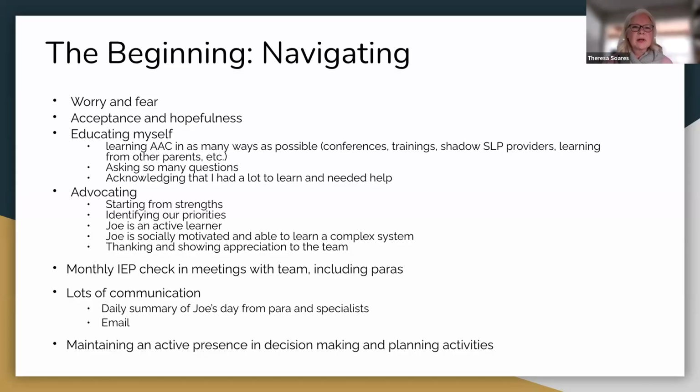So again, like I said, starting from strengths, we had to figure out what our priorities were. And that took a little while to figure out because everything felt important. His motor skills and the management of his muscles that were too tight was a big focus in the early years. And then when we got into school age things and we're writing IEPs, the IEPs were just getting so big and unmanageable. So we had to start thinking about where we wanted to prioritize.